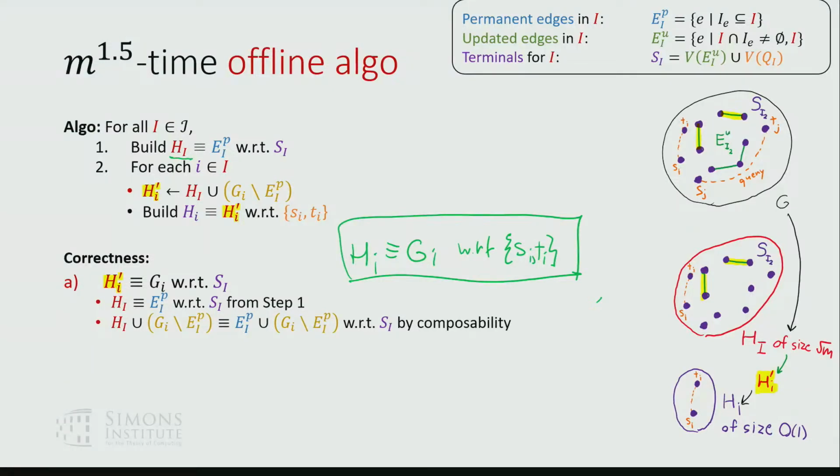But now from the definition, H_I prime is this thing. So this is just H_I prime. And what is this thing? This is just G_i, exactly. So it's this set union with G_i minus this set. So it's just G_i.